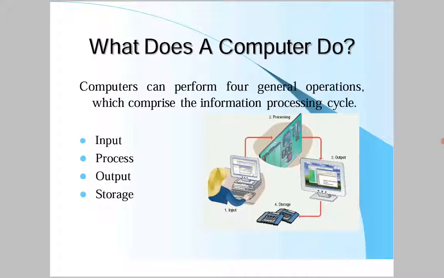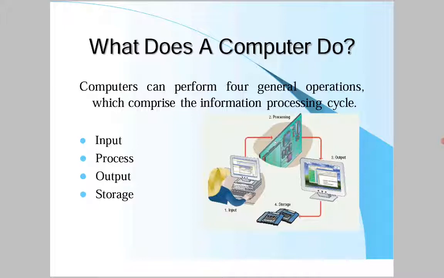So what does a computer do? That means how a computer works. Computers can perform four general operations which comprise the information processing cycle: input, process, output, and storage.